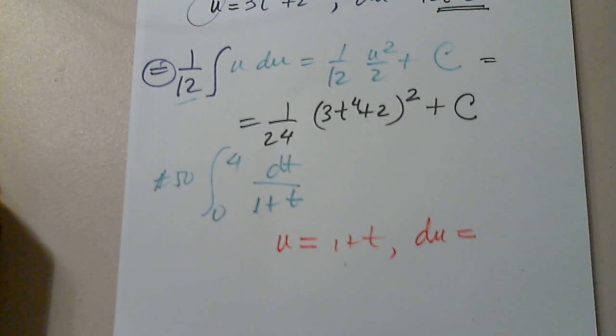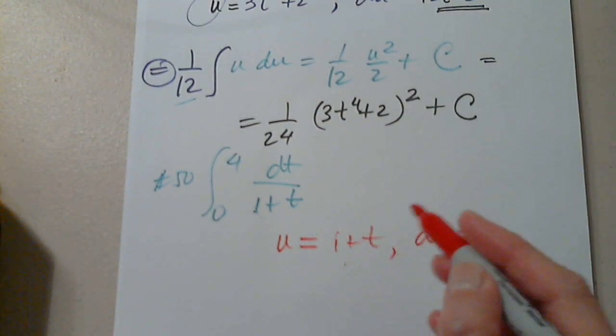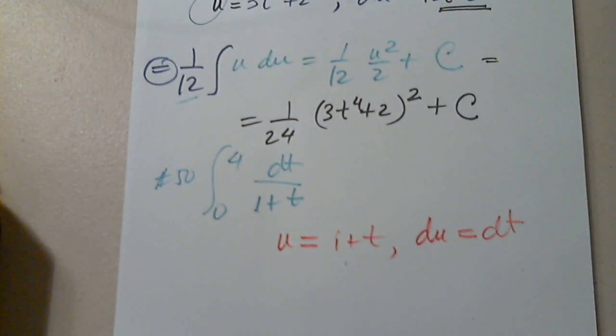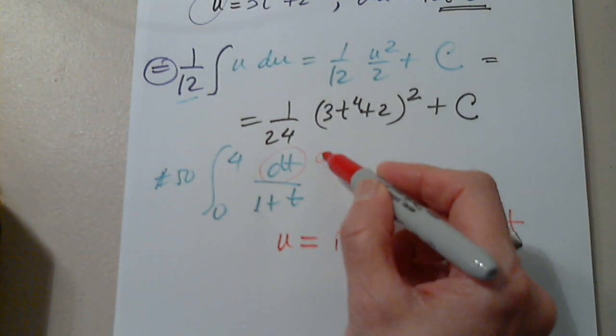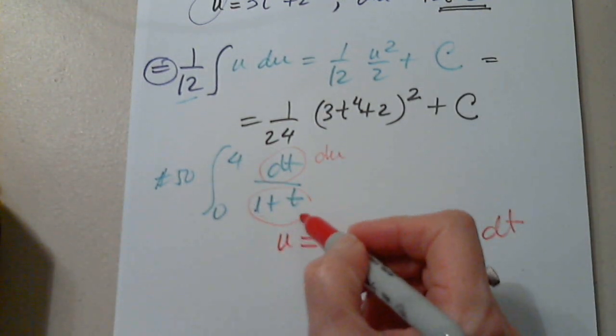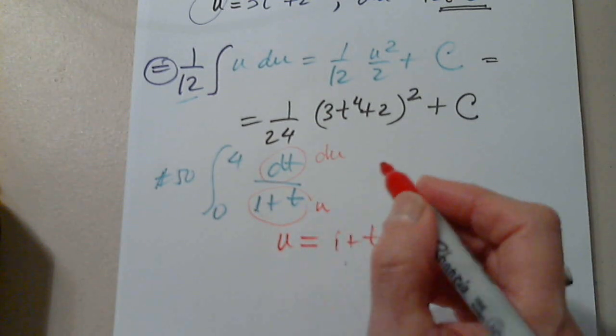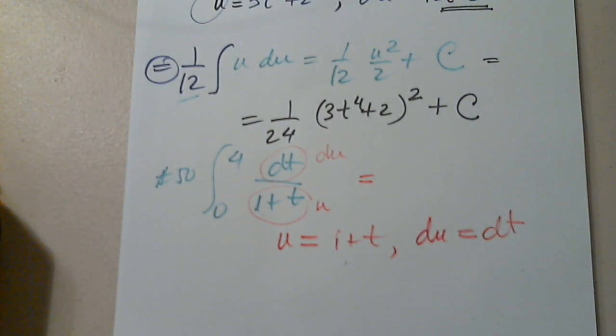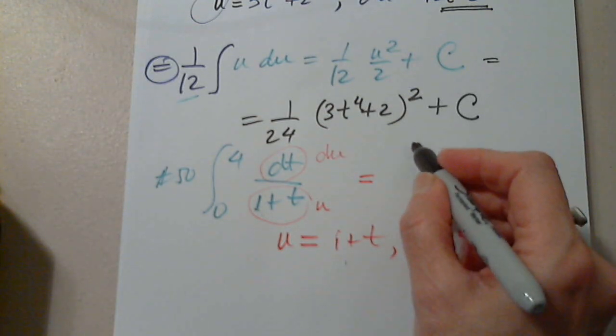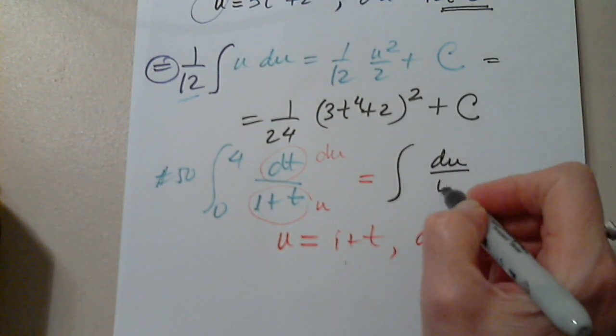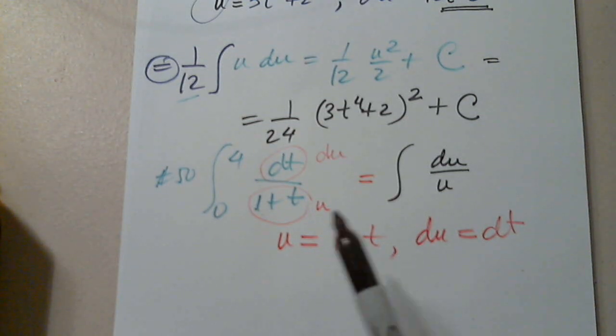Excellent. dt. Yes, because when you differentiate this, you get 1, so it's dt. Nice. So this is the same thing with du. This will be replaced by u. Do not copy the limits of integration. That would be a terrible mistake. So this is the integral from du over u. This is du and this is u.